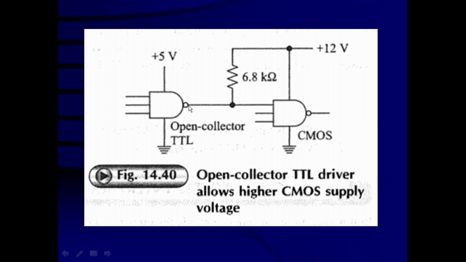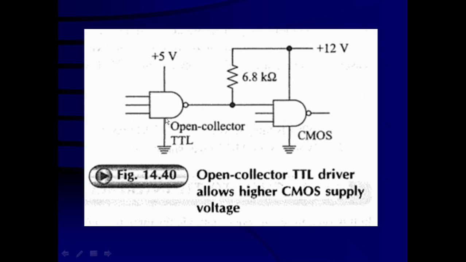At the output of the TTL, instead of a totem pole arrangement, there is only one transistor Q4, a saturation transistor, and its collector is floating. So normally it cannot work without a pull-up resistance. So the collector output of the TTL is connected through a pull-up resistance of 6.8 kilo ohms to the supply voltage of 12 volt.